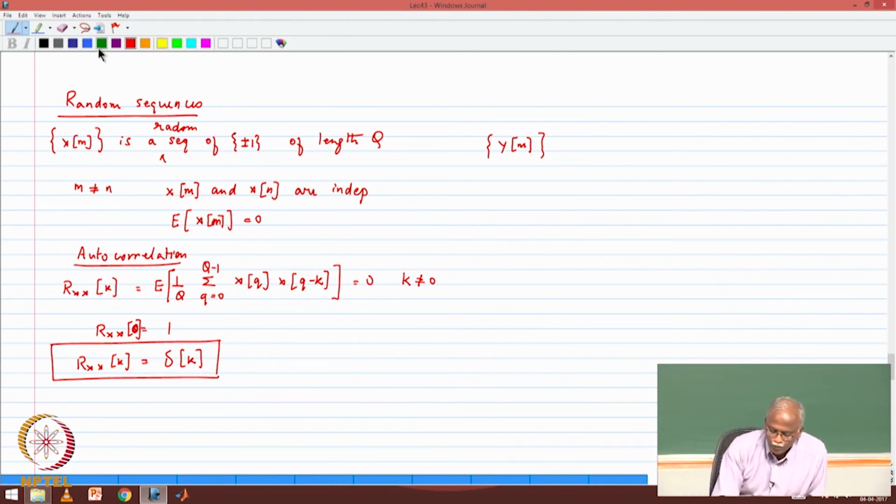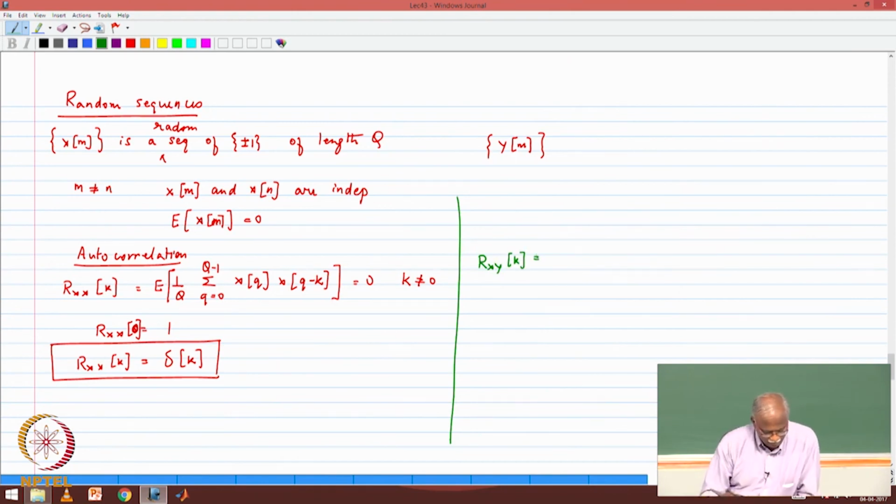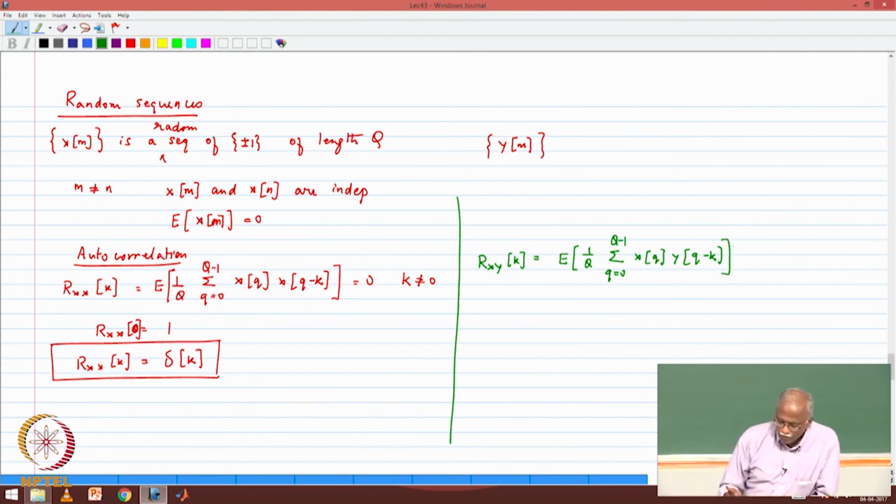Now move over and start to think in terms of multiple users. I need to worry about the cross correlation between these waveforms. This would be the expected value of 1 by q, summation q equal to 0 through q minus 1, x of q times y of q minus k. Notice I have dropped the conjugate because I am dealing with real sequences. This is a very important quantity for the following reason.